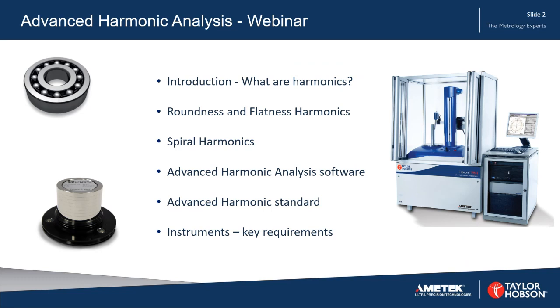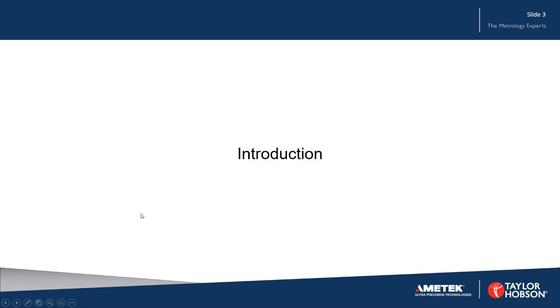And then we're going to look at roundness and flatness harmonics. We'll take a look at spiral harmonics on things like ball screws and ball nuts. We'll have a look at some advanced harmonic analysis software. And then we'll have a look at an advanced harmonic standard. That's the item you can see on the left of the screen here.